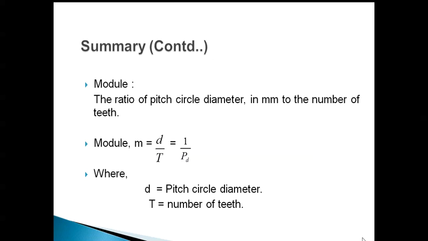That is the design of the spur gear wheel. We have done some problems related to spur gear wheel design today, and we discussed the design of the spur gear tooth.